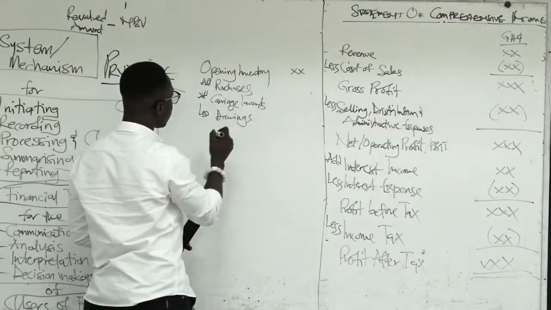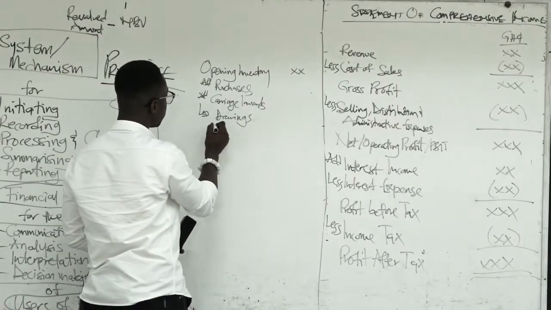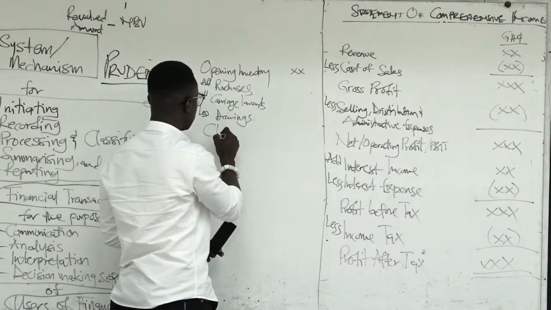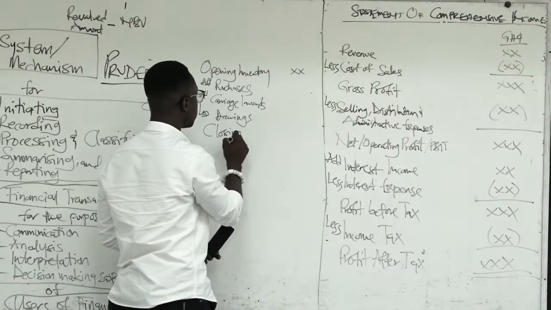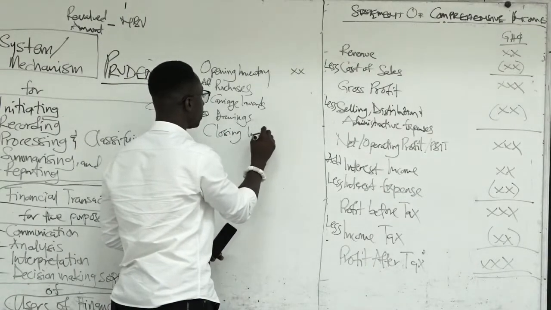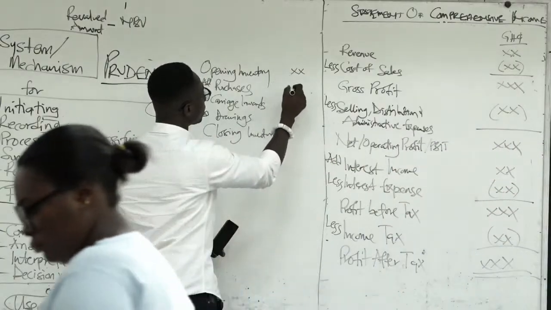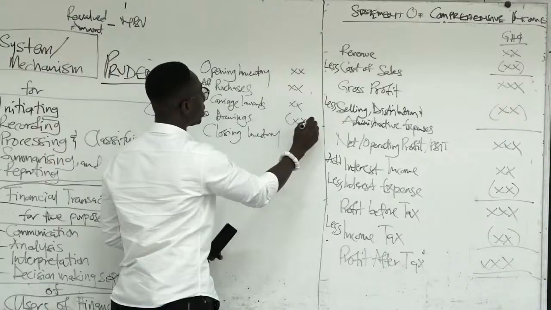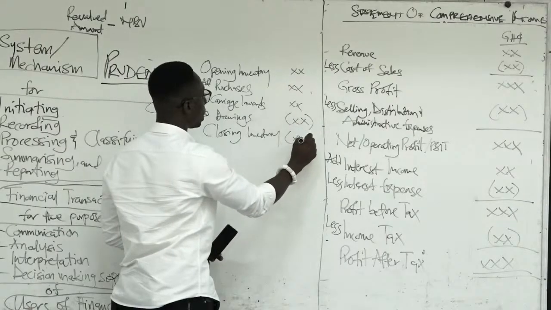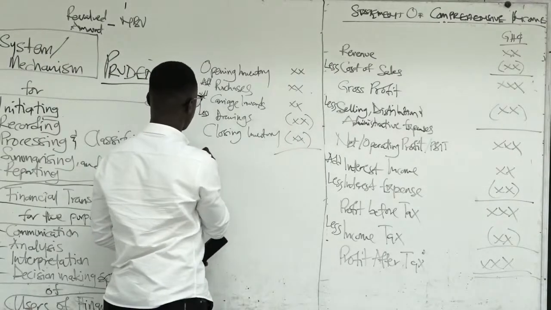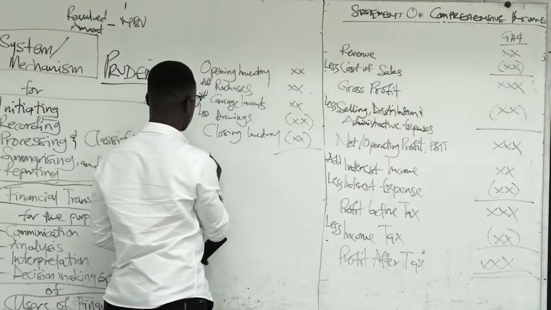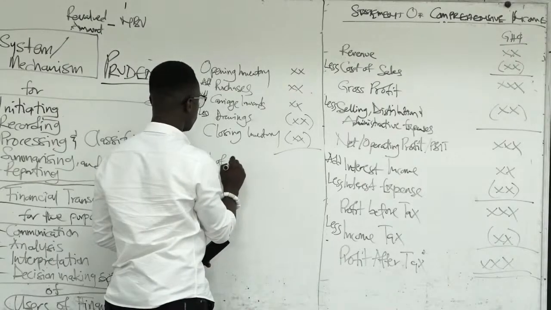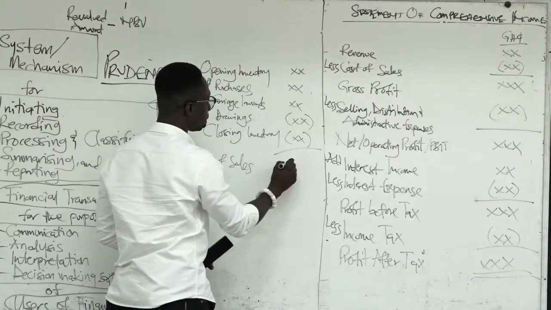And then finally, you also take out the closing inventory. So this is plus, plus, minus, minus. And this will give you your cost of sales.